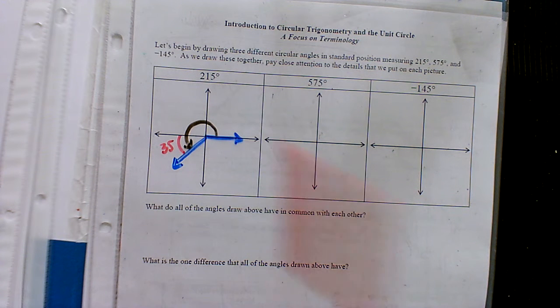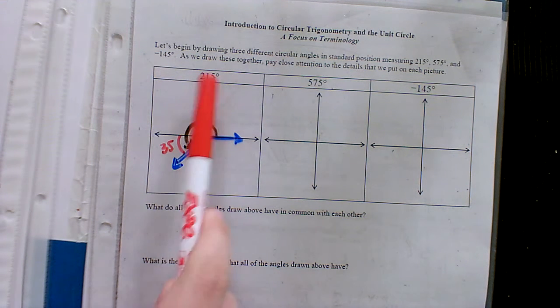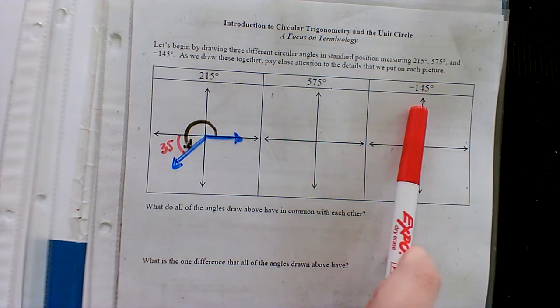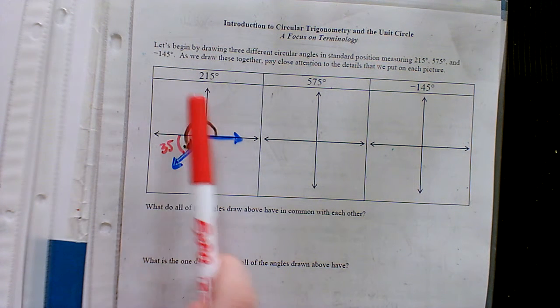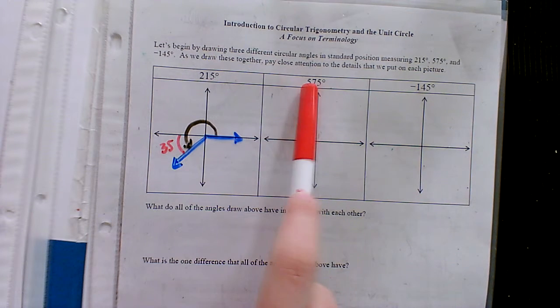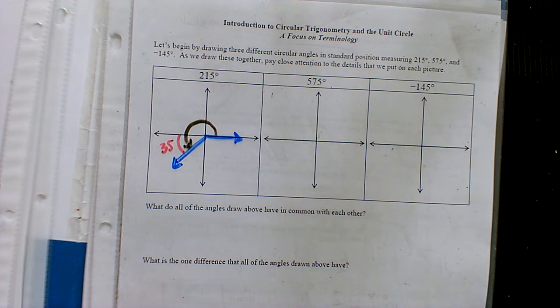So speaking of coterminal angles, all of these are different angle measurements depending on how many rotations you want to do or in what direction you want to travel, either positively or negatively, but all of these land in the same spot. So they are classified as coterminal angles. Can we think about how these three angle measurements are related to each other?